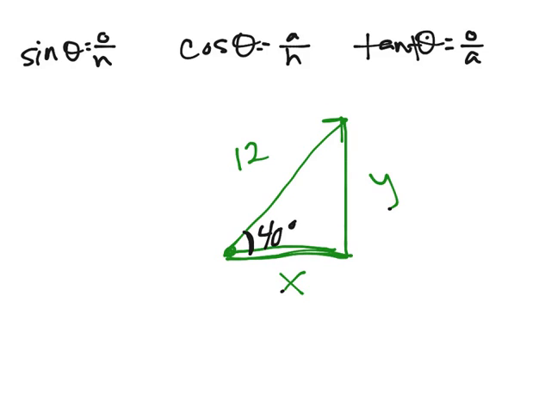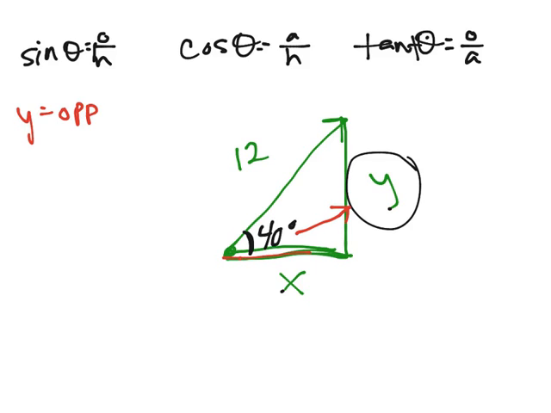I would definitely always write these down on your paper so you make sure you know them when you're doing your problems. So let's figure out what y is. Let's focus on y. Notice y's position: it is not next to, it is opposite of our angle. So y is your opposite.